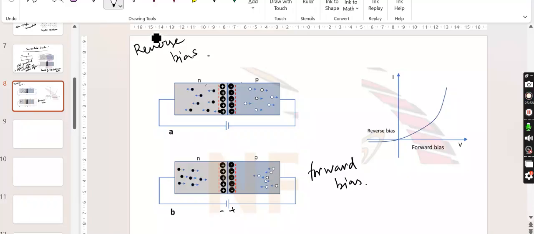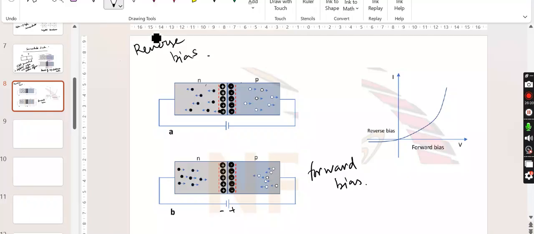Previously the junction had a depletion region that used to oppose this recombination of electrons and holes, but now they are connected to the battery, and the battery is pumping more electrons and holes on both sides. So the depletion region will not be able to stop that recombination, and we will see an exponential growth of current.